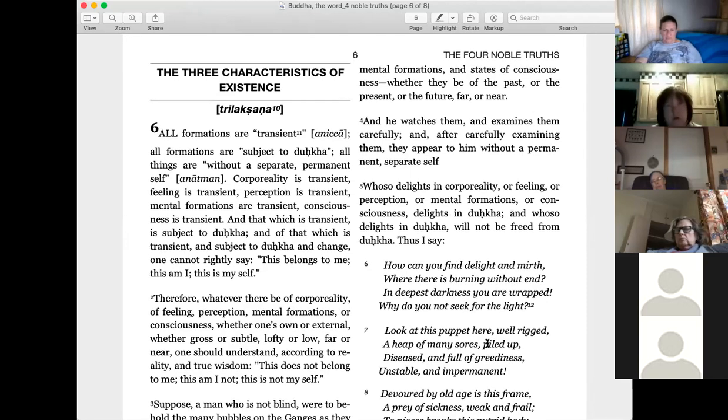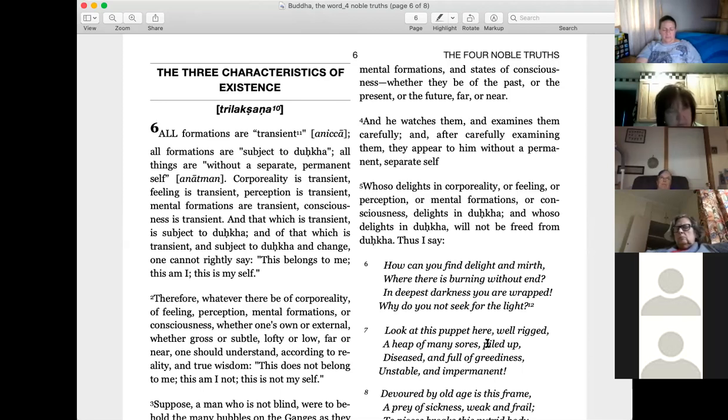Then this is another really important and unique teaching that the Buddha taught, which is the three characteristics of existence. He argued in this that our existence can only be possible with these three things appearing. One, that all formations are transient, or, as a lot of people might hear it called, impermanent.